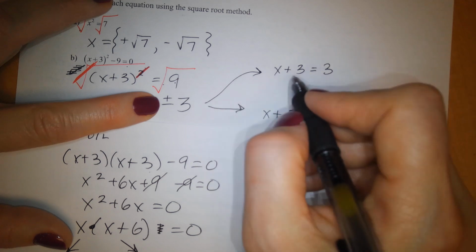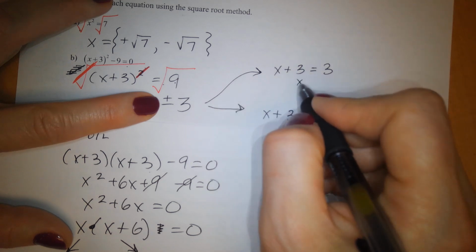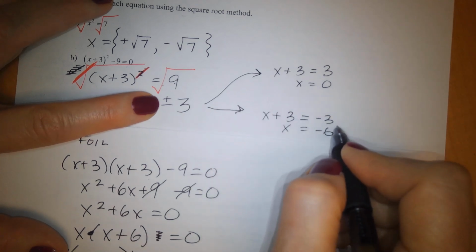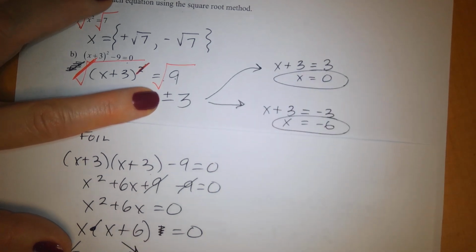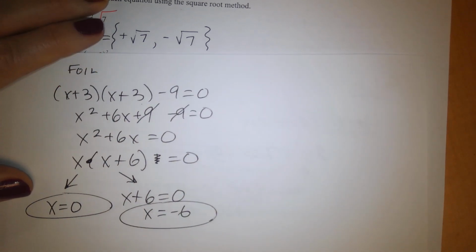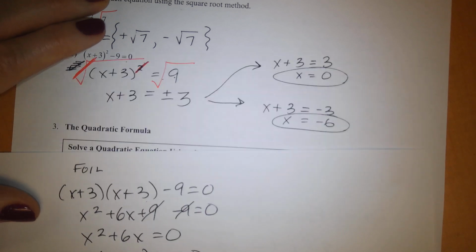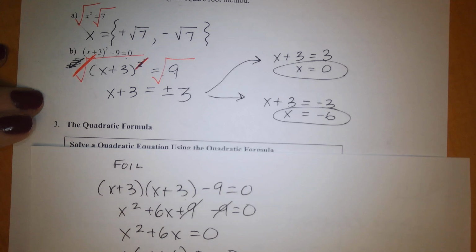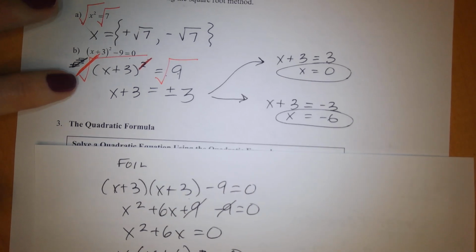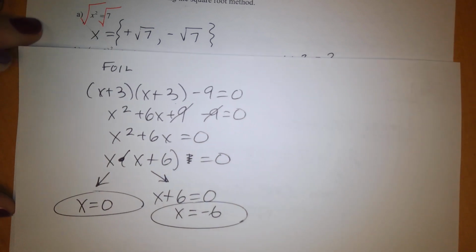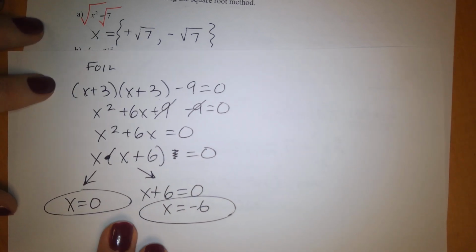So if I solve both of these, I subtract 3 from both sides, and you'll see I'll get the exact same two answers that I did when I FOILed it all out down here. So both methods will work. Depends on which one you like. The square root method probably will be a little shorter steps, but the FOIL method does seem to be sometimes the preferred method of some students because they're used to distributing everything out.